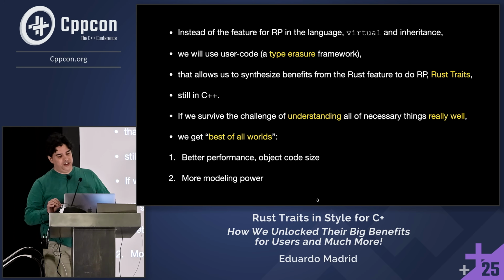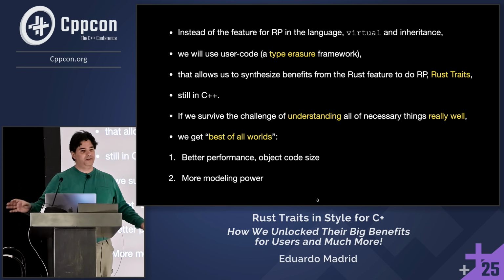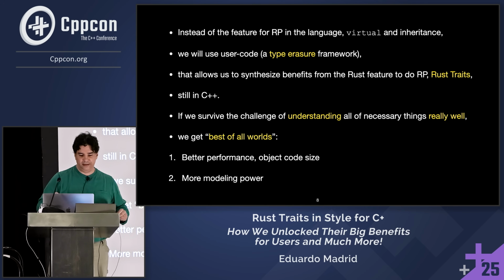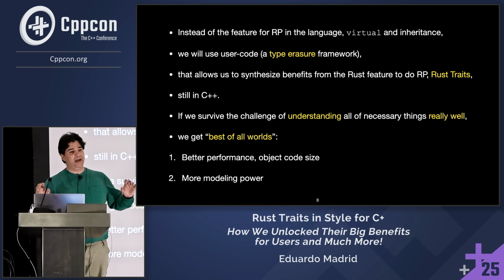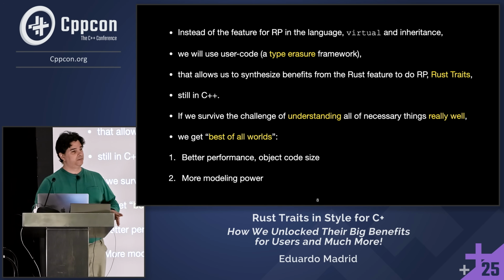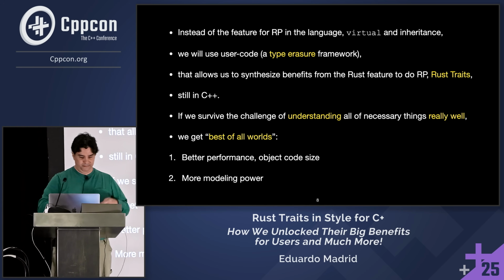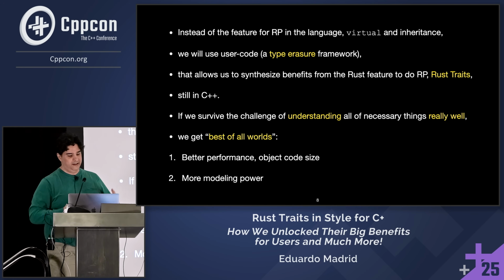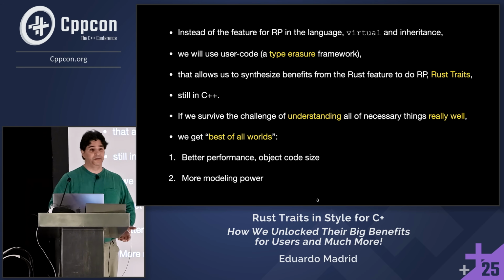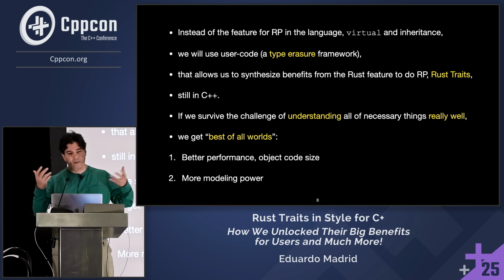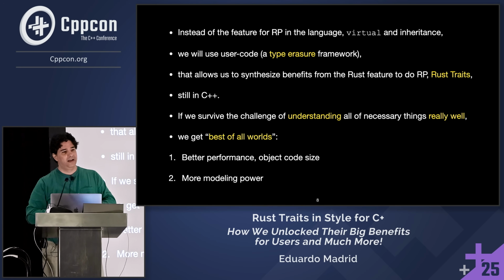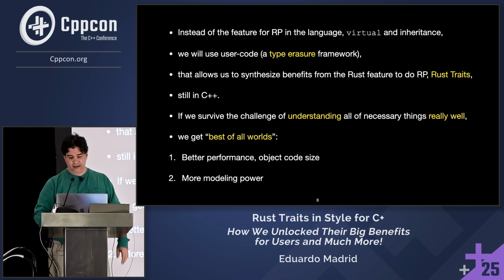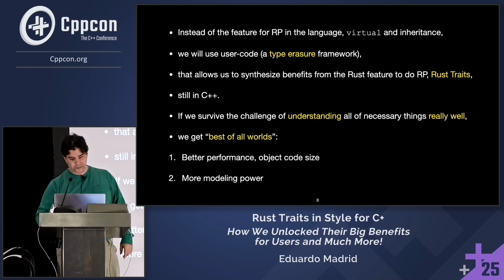And if we survive the challenge of understanding all the necessary things really well, which is truly important, then we're going to get a best of all worlds combination. And that implies better performance, better object code size, and more modeling power too. Meaning that we can represent what we want to represent with greater ease than what any of the individual languages will allow us to.